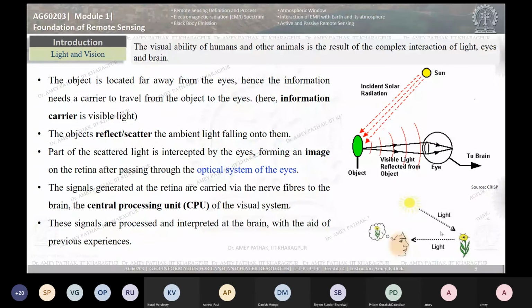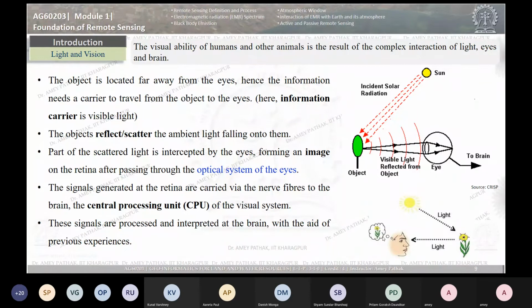As I said, once the reflected light reaches our eyes, the brain does some processing. This information is supplied to the brain by nerves.